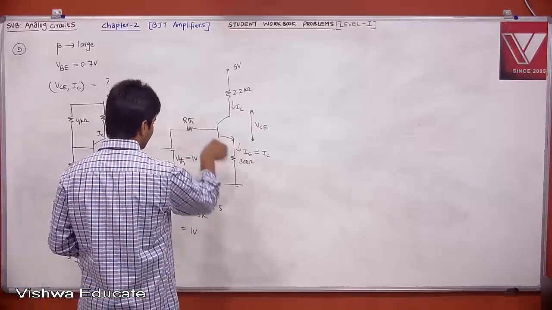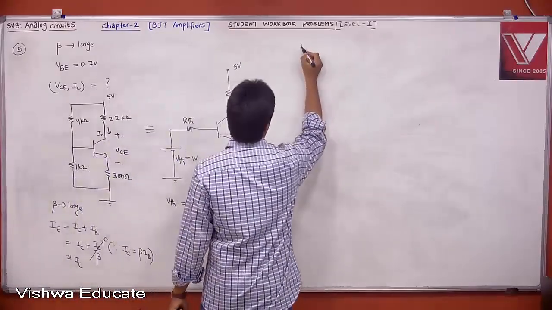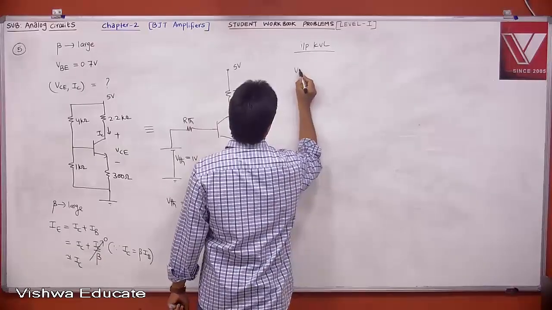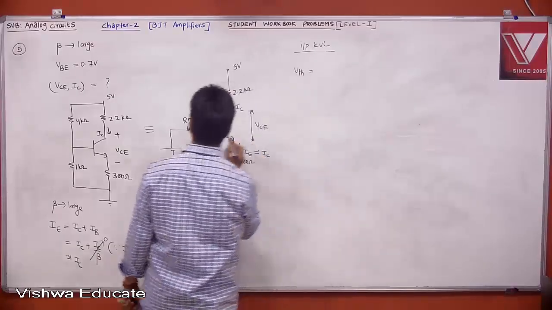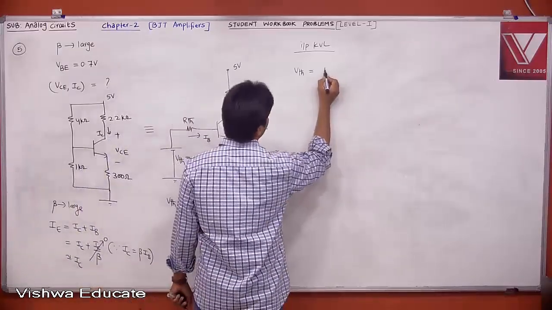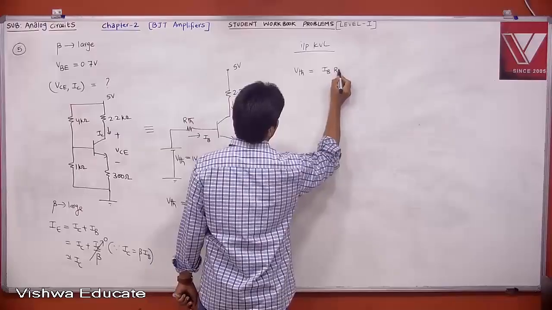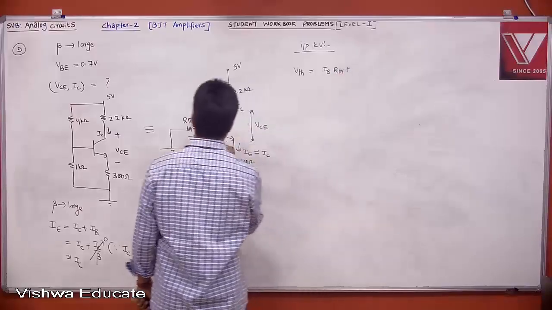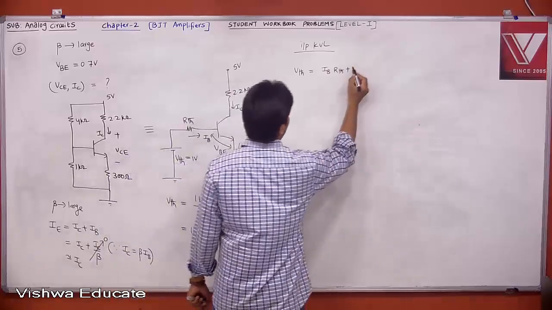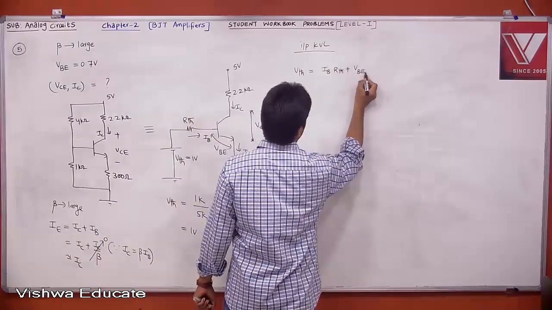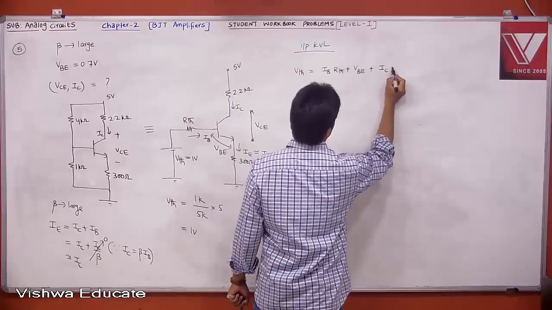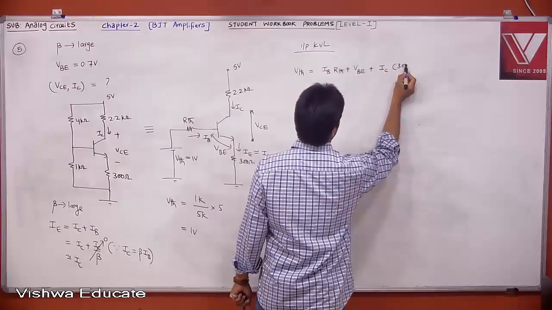Now let's write input KVL. If you write input KVL, V Thevenin is equal to IB into R Thevenin plus VBE plus the drop across, which is nothing but IC into 300.